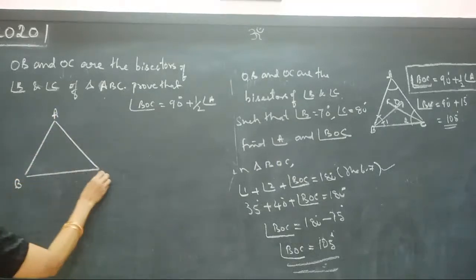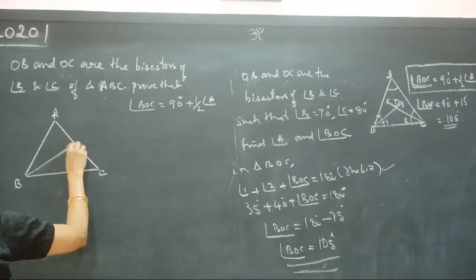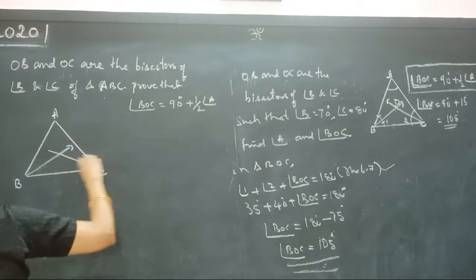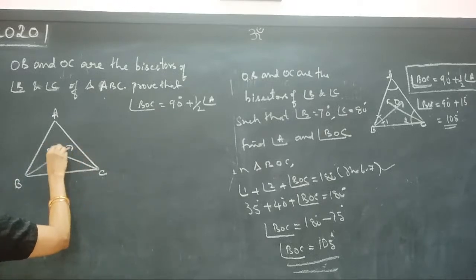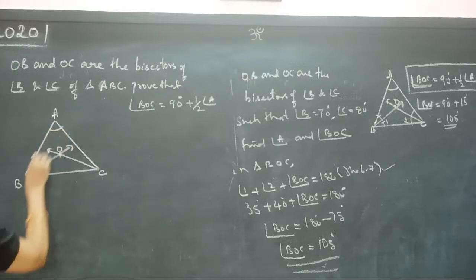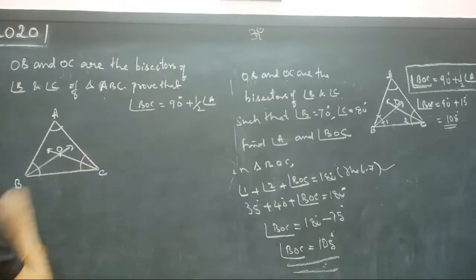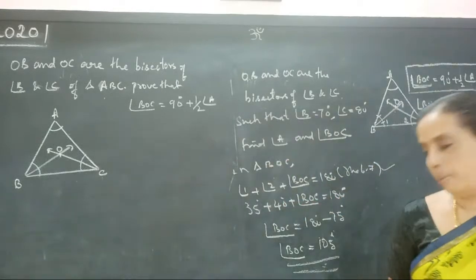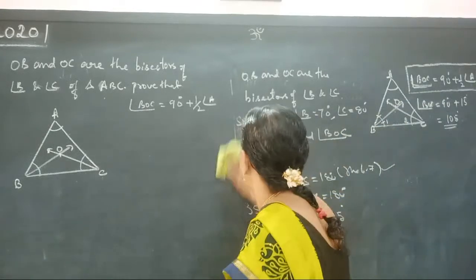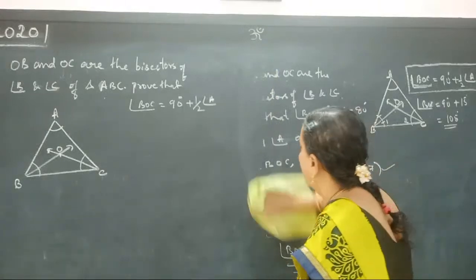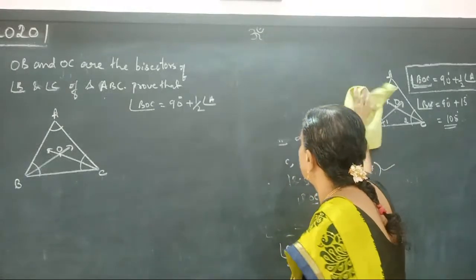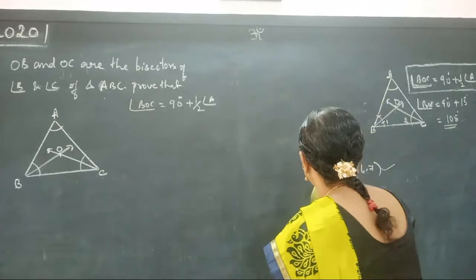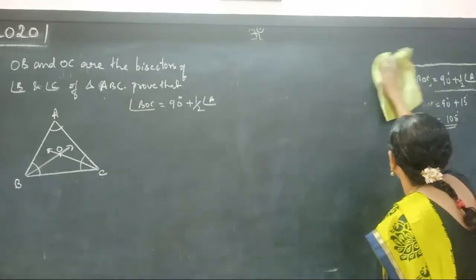Given a triangle ABC in which OB and OC are the bisectors. Here they are not given any measure, only with the angle sum property and the bisector condition, we have to show that angle BOC equals 90 degree plus half of angle A.